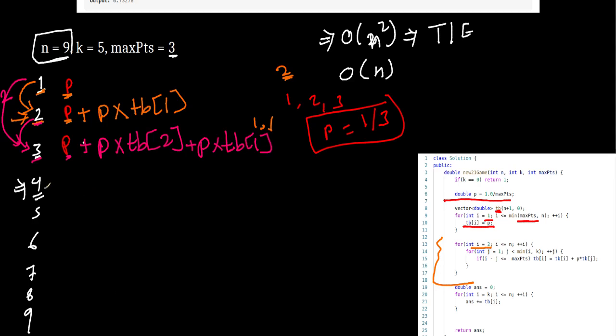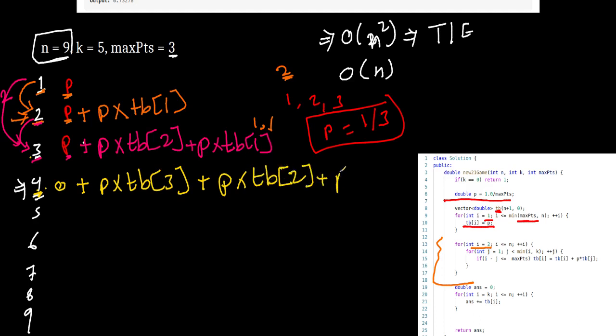Now let's solve for 4. For 4 it's 0 initially, plus we can go from 3 to 4, p multiplied by tb of 3, or from 2 to 4 by gaining 2 points, or we can go from 1 to 4.